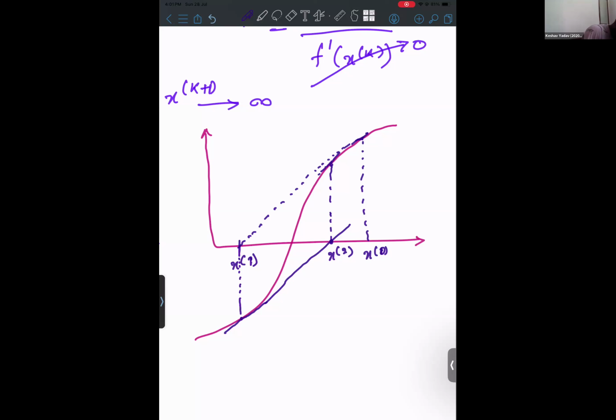Now, if I draw a tangent from here, it may so happen that the solution oscillates between this point and this point. In this kind of function, the solution may oscillate from this point to this point. This may happen with some special case of function. So for some functions, the Newton-Raphson method may not be applicable.